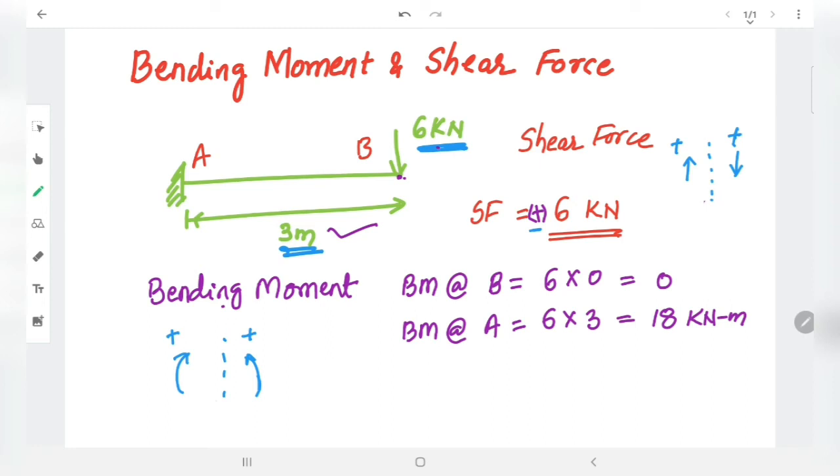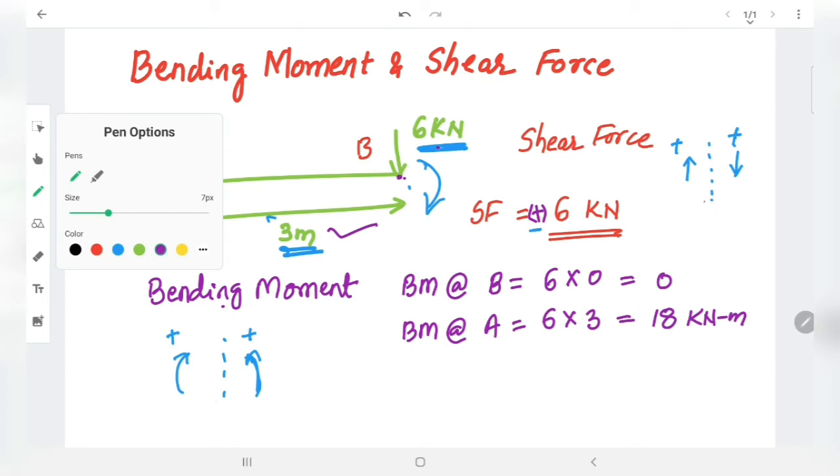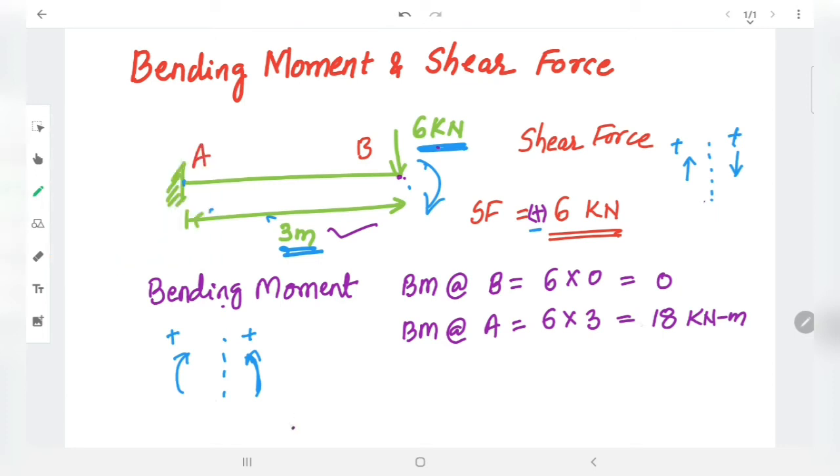Okay, here our moment with respect to this point is force into perpendicular distance, 6 into 3. This will rotate in this manner, that is clockwise direction. If it were anti-clockwise, you could have taken plus sign. Here I will be taking the negative sign because of the sign convention.